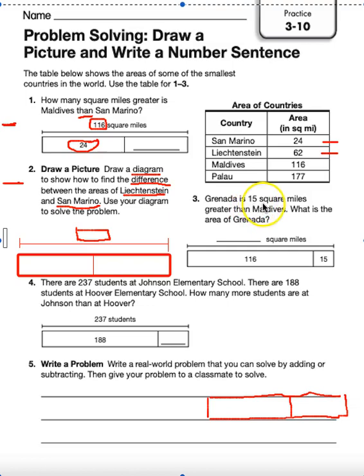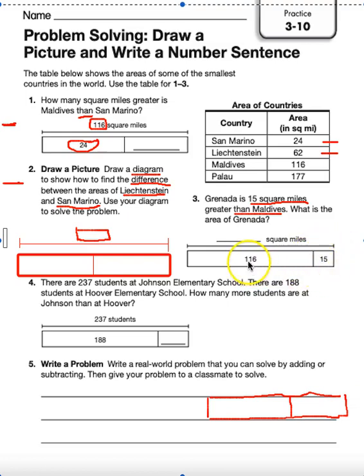Granada is 15 square miles greater than Maldives. What is the area? Okay, so they gave us the area of the Maldives, and then they gave us the area of Granada.